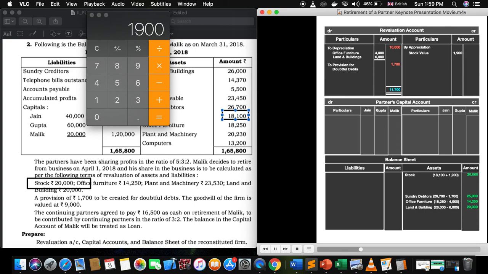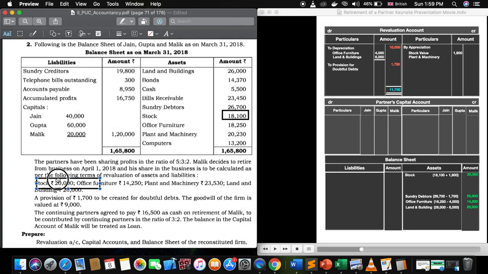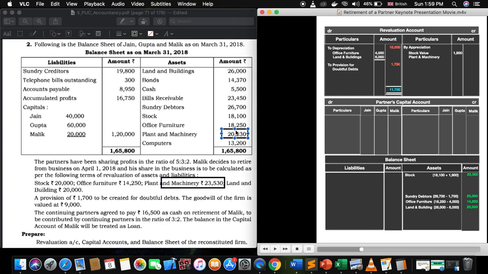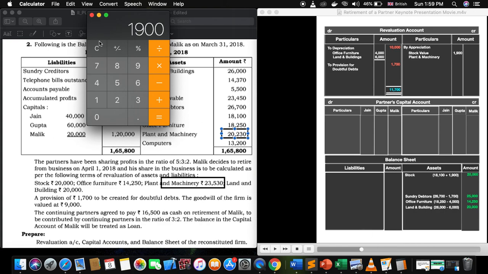Similarly, you will do the same thing for plant and machinery. So let's see where plant and machinery is. It is 23,530, whereas it was 20,230. So let's see how much increase in the value it is. That's 3,300. So again, you're going to write 3,300 here, and again in your balance sheet, you will increase that value and write.